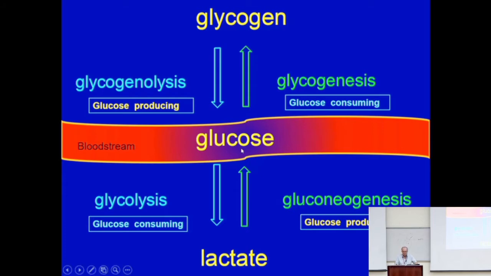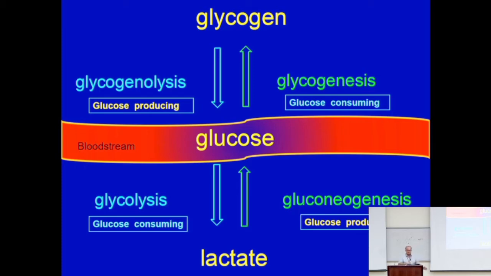There are two other processes involving glucose. As the subtitle shows, the function of those processes is to restore blood glucose, as it's dropping back to the normal level. And how do you restore blood glucose? Obviously, by producing glucose.